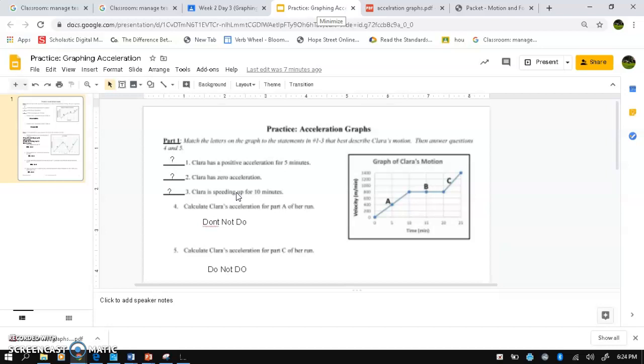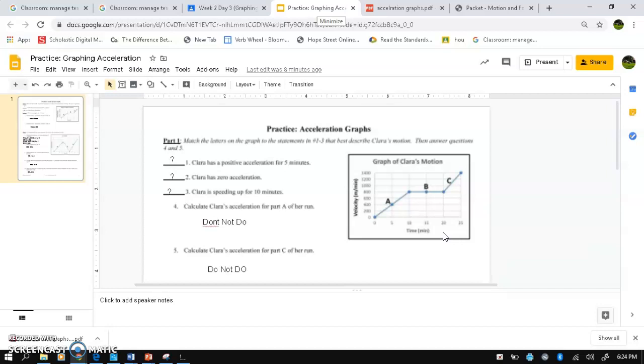Why are we doing it again? You're actually not. It is almost identical to the other one, except the main thing is we're dealing with acceleration. So when we do acceleration graphs, it's velocity over time. So it's are we increasing or decreasing speed? Are we staying constant?